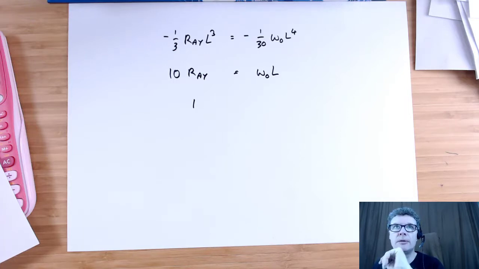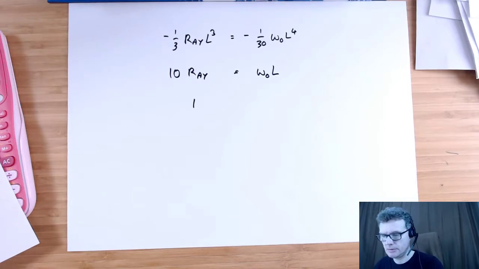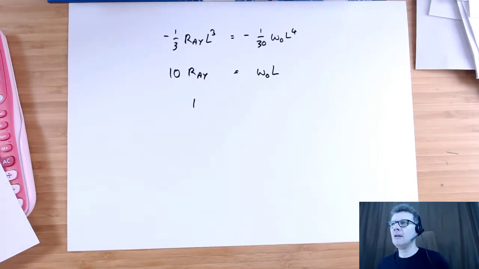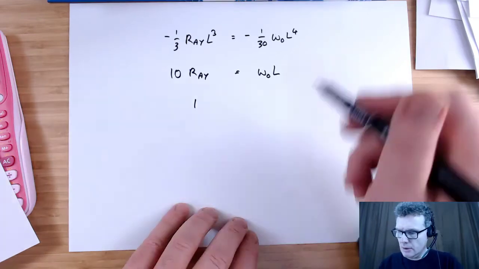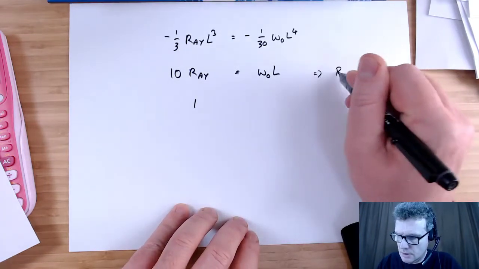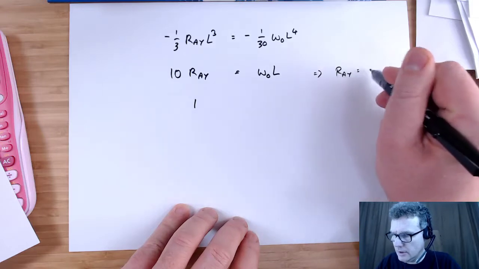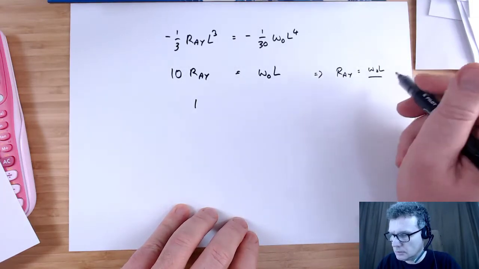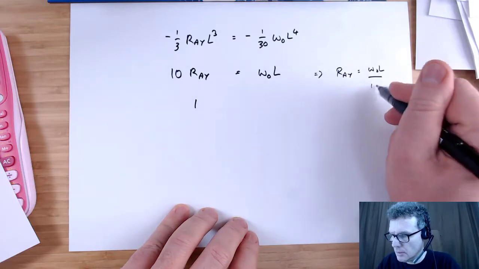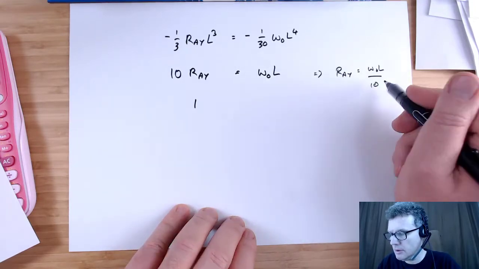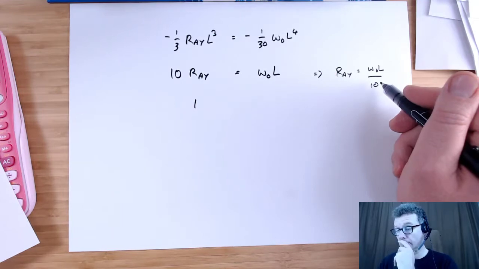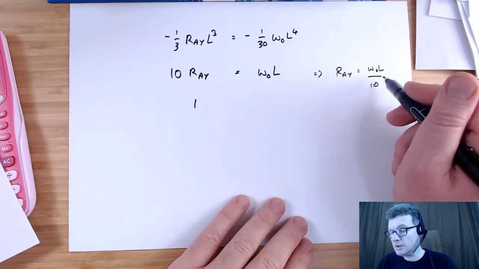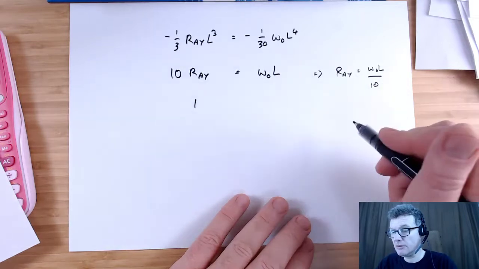Okay, I had to go and have breakfast. Let's come back. Where are we? So we've found RAY equals 1/10 of W0L. Remember, the total weight is W0L over 2, so it's a fifth.